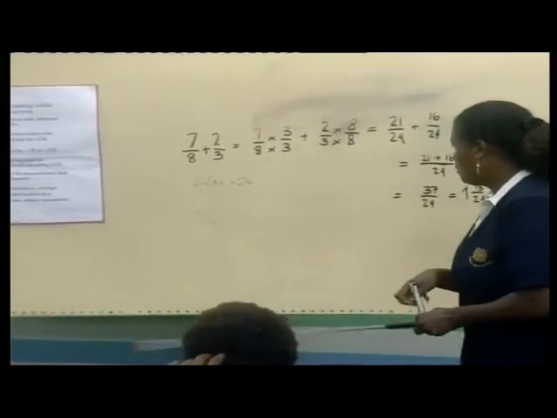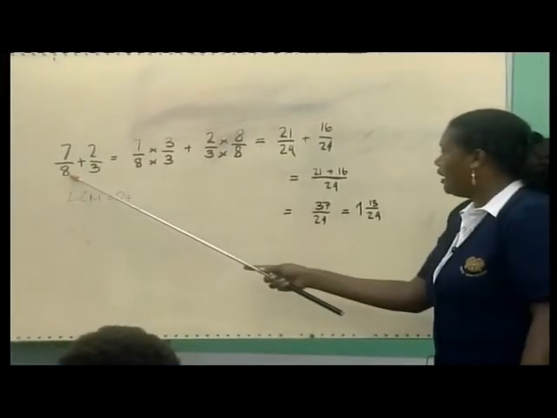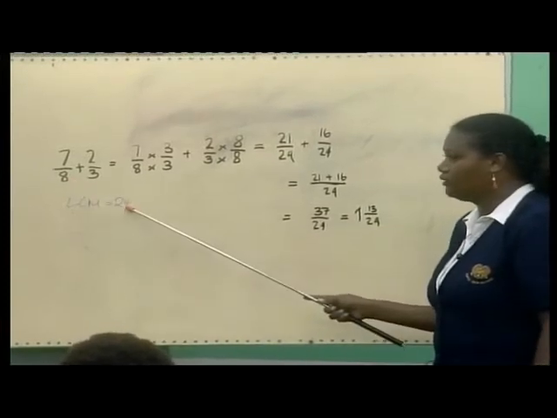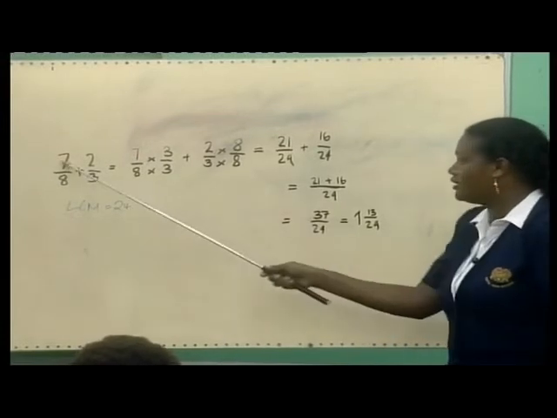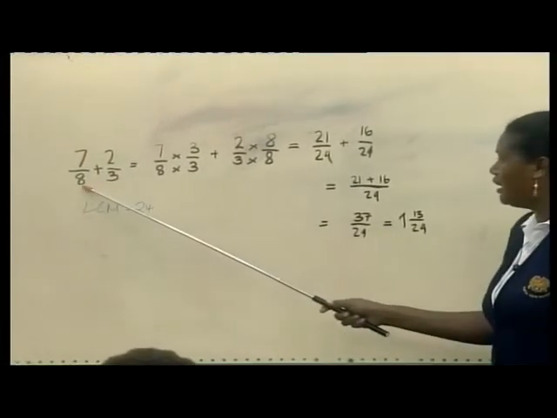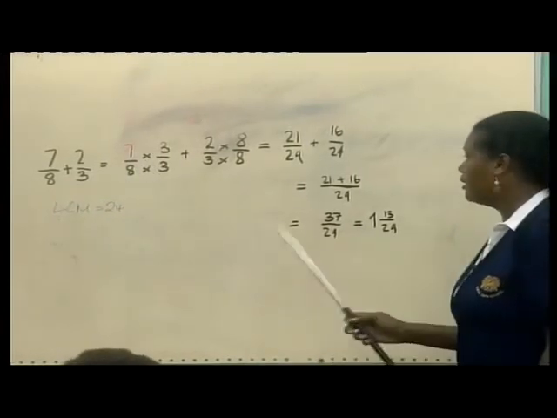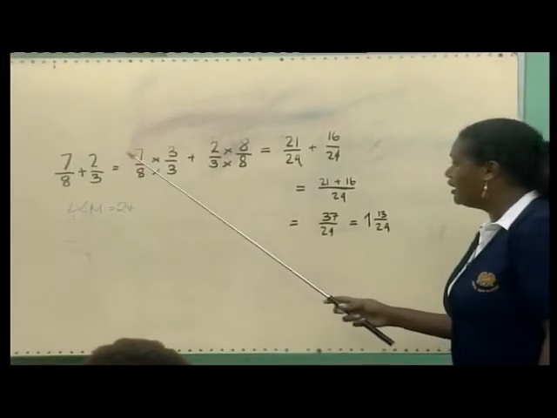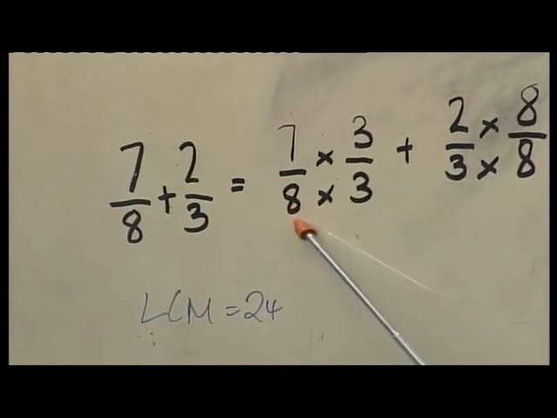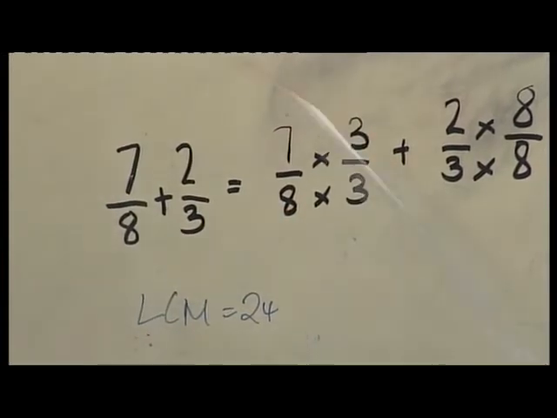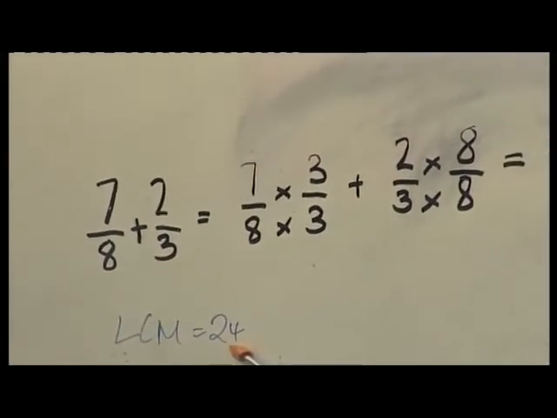So from the lowest common multiple, you will find a number that can multiply by 8 to give 24. So it will help you find the equivalent fraction to 7/8. So we have 8 times what number will give you 24? 3. That's why we have 7/8 times 3. The numerator multiplied by 3 as well as the denominator. Plus 2/3. 3 times what number will give 24? 8.